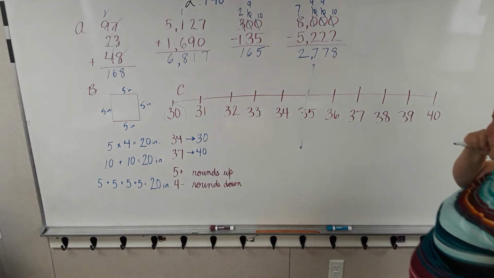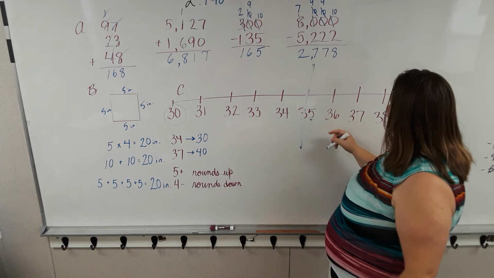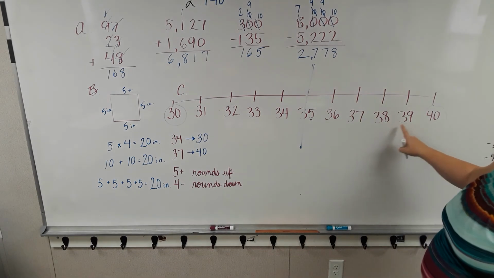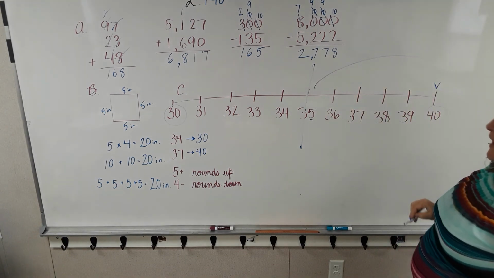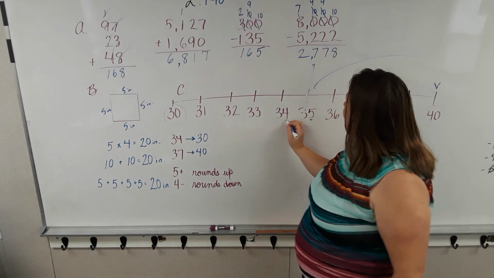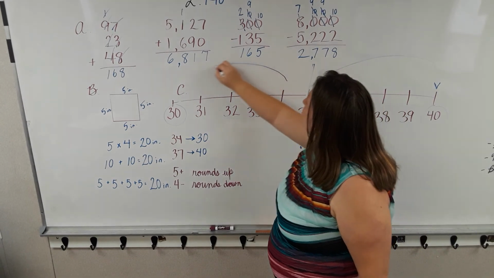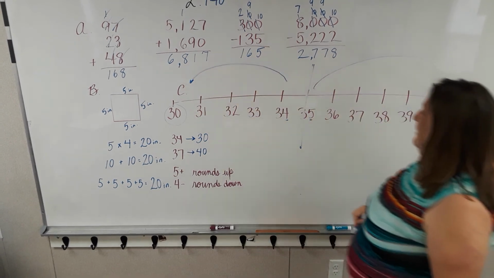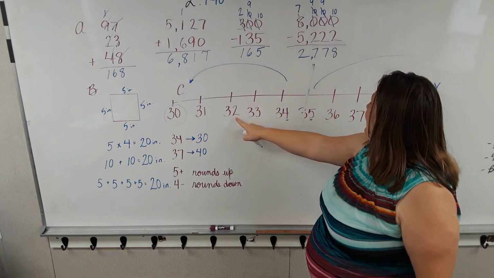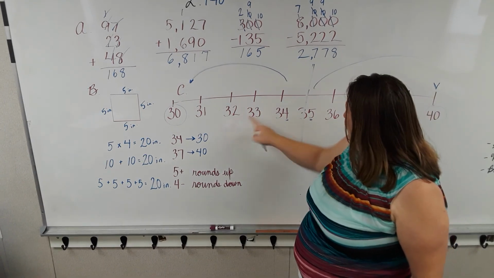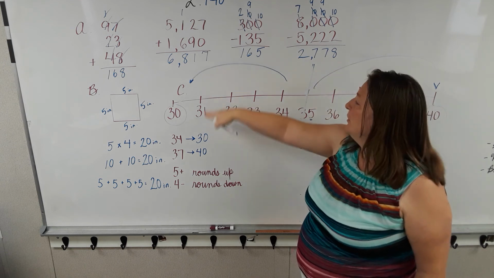So, if a number is 5 or greater, 6, 7, 8, 9, it rounds to the higher number, the higher 10. If the number is 4, 3, 2, 1, it rounds to the lower 10. So if we said 32, 32 is lower than this mark. 32 rounds to the lower 10, 30.